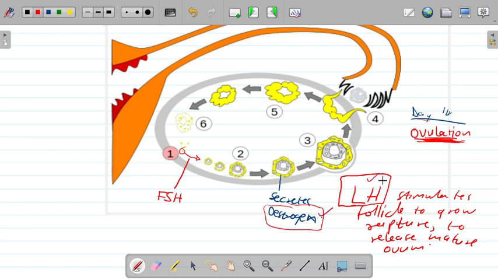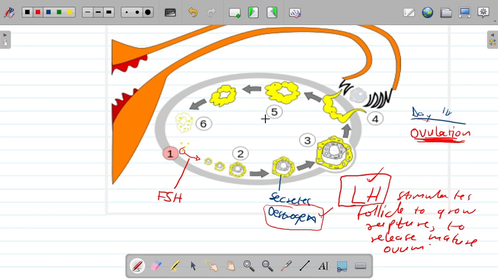Estrogen and luteinizing hormone, especially luteinizing hormone, will be at its peak during day 14, and it will start to lower as the days after day 14. Now we are left with one hormone, that is progesterone. And where is progesterone produced? Progesterone is produced in the ovary. Where in the ovary? By the corpus luteum.